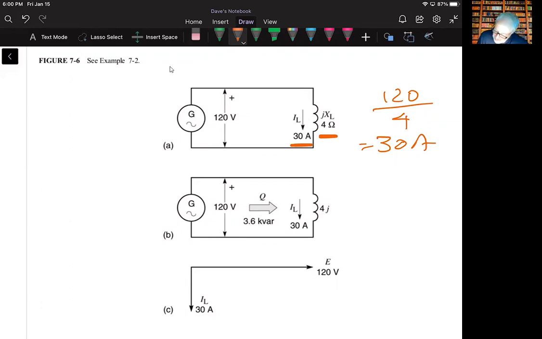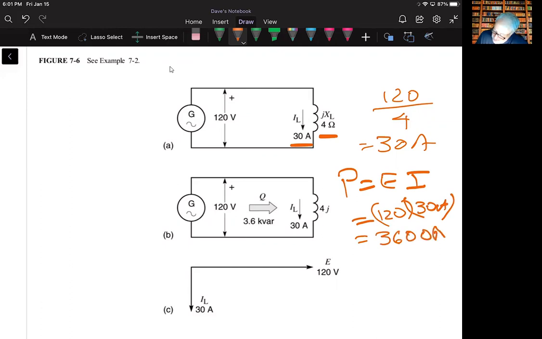Calculate the power associated with that. I know power is equal to voltage times current. Power is 120 volts, current is 30 amps, and I'm going to come up with 3,600 watts. Oh, but I'm not dealing with resistors anymore, right?